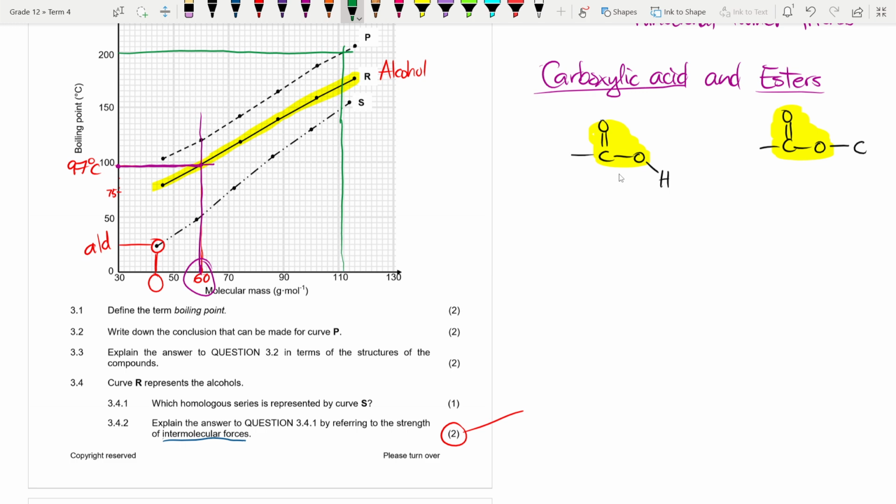We'll be using a ruler, then we can see that it's about like 115 maybe grams per mole, right? Or they can give you the molecular mass 90 grams per mole for curve S. Then what is the boiling point of that? So it's just basically reading the table. Then you pick out the number there, just counting the blocks, the spacing, and then you can identify what value you have.